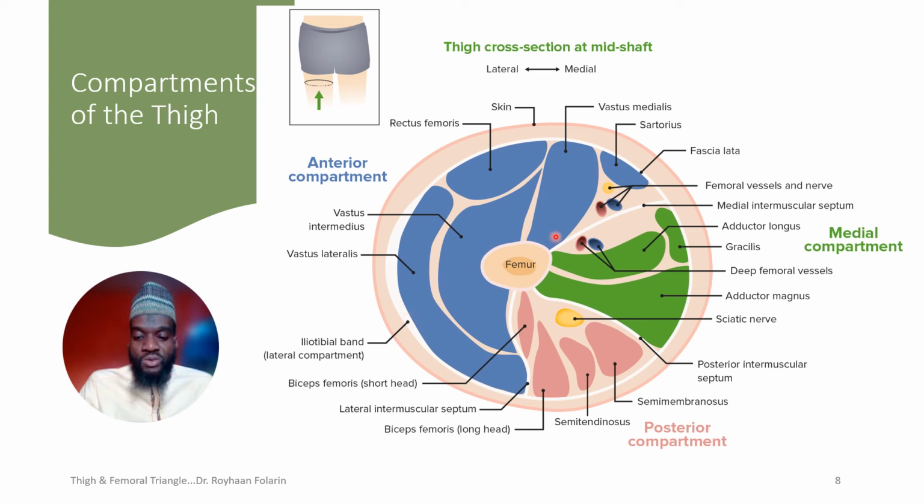Now let's go to the medial compartment, which is right here. So after leaving the skin, the superficial fascia and the fascia lata, you can appreciate the main muscles here.